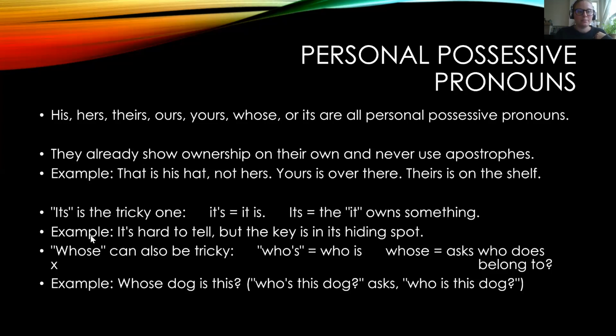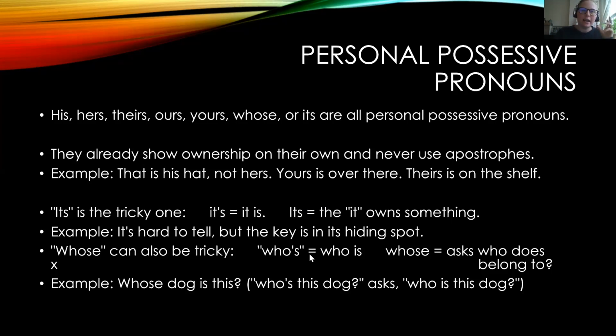For example, it's hard to tell, but the key is in its hiding spot. So here I used both forms, "it's" with an apostrophe s, so I can say "it is hard to tell, but the key is in its hiding spot." If I were to see if I should put an apostrophe in this second "its," I could say, "but the key is in it is hiding spot."